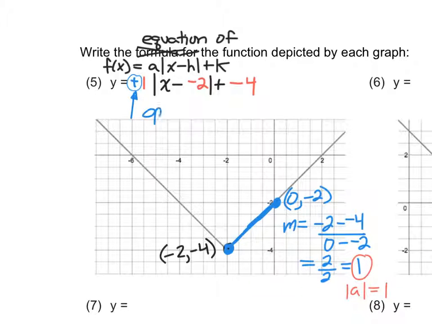So, opens up. Because I could do all this slope work here, get an answer, but if this thing opens downward, I have to slap a negative sign on the front of it, because it would have a maximum vertex. So my final answer in its cleanest form would be y equals the absolute value of x plus 2, minus 4.